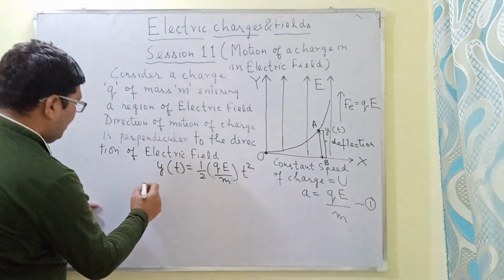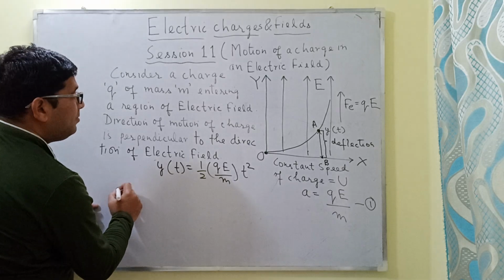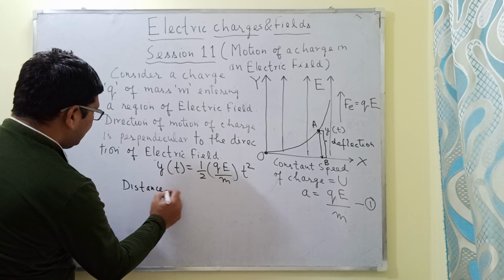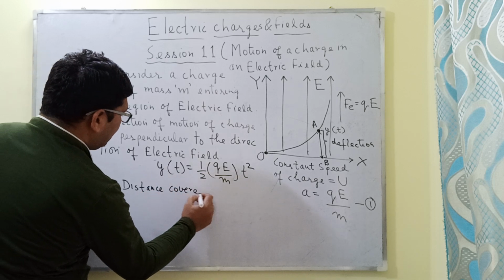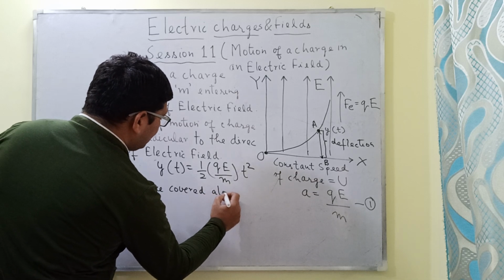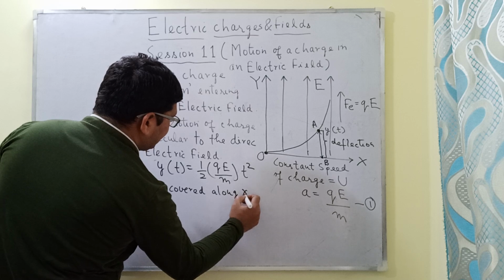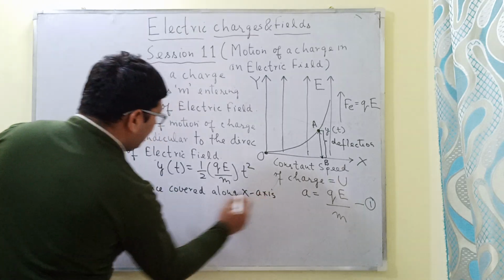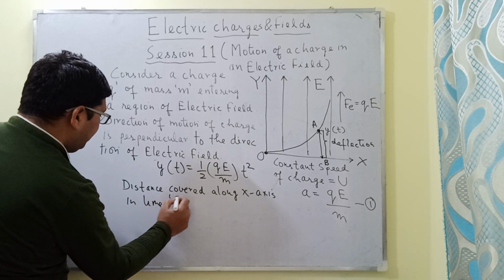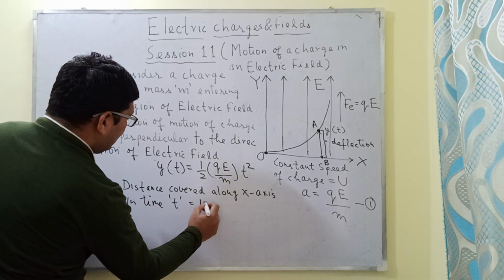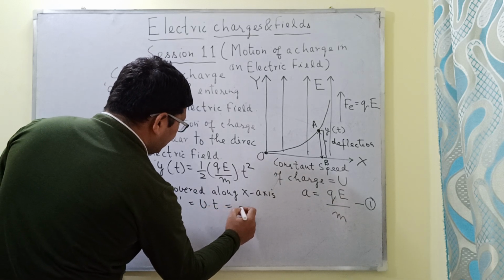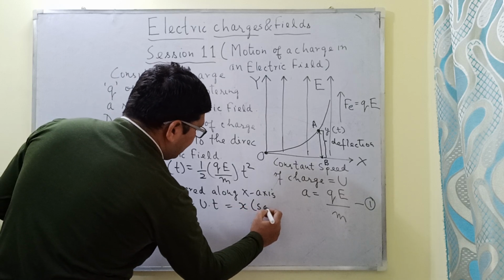So the distance covered by the charge along the x-axis in time t will be equal to u into t, which I take as x.